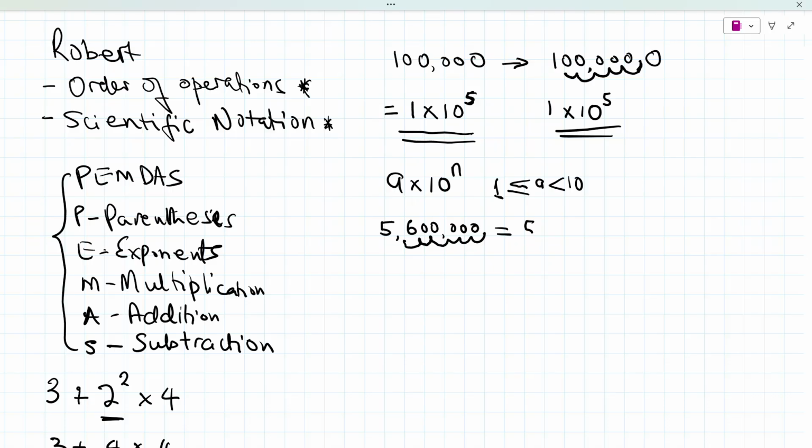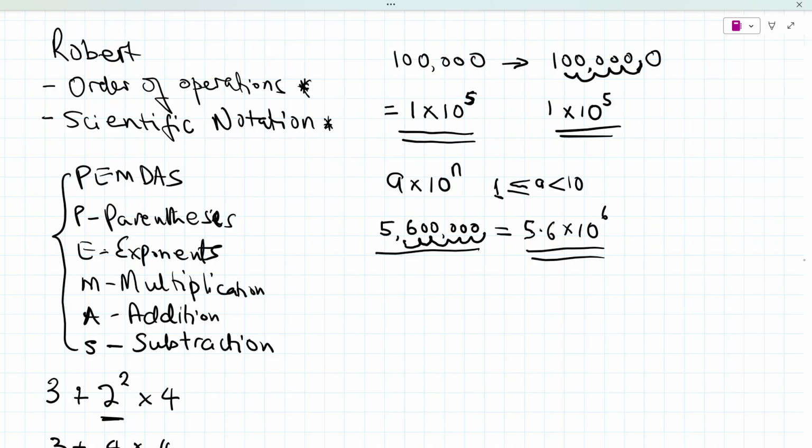So this will be 5.6 multiplied by 10 to the power 6. So this would be the scientific notation for 5,600,000.